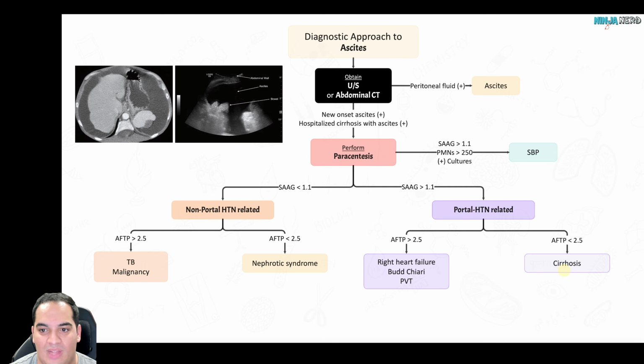Okay, I think the big thing to remember though is this portion here. What's the SAG? And then use the ascitic fluid total protein to help you to differentiate more. Oftentimes though, history is a little bit more helpful than the ascitic fluid total protein. But again, in this scenario, think that there's not a lot of proteins being produced by the liver. In this scenario, think that there's not a lot of proteins present inside of the bloodstream because you're peeing it out, right, in the scenario of nephrotic syndrome.